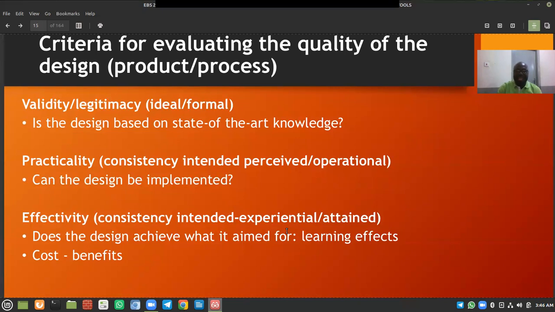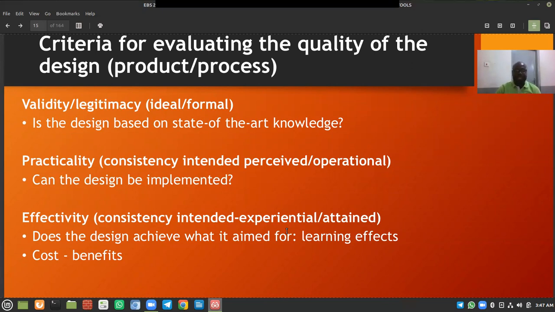Is the design based on state-of-the-art knowledge? This is a question that will need to be asked. Secondly, practicality. How consistent is the operation? Consistency: intended, perceived, and operational. Can the design be implemented over and over again?